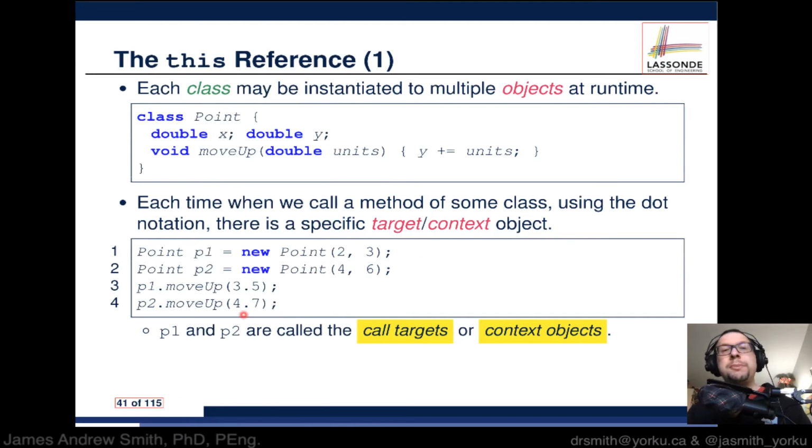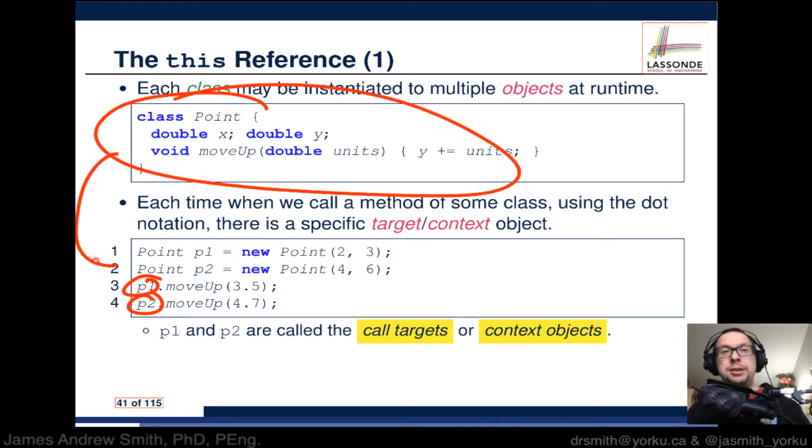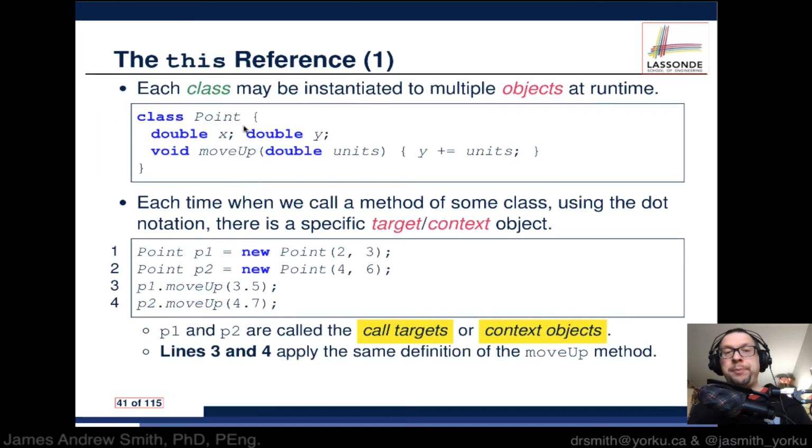All right, so p1 and p2 are objects. They are created from the class called point, right? So p1 and p2 come from that point class. They're called call targets or context objects. So they're targets of that class. They are objects that are derived from or instantiated from that class.